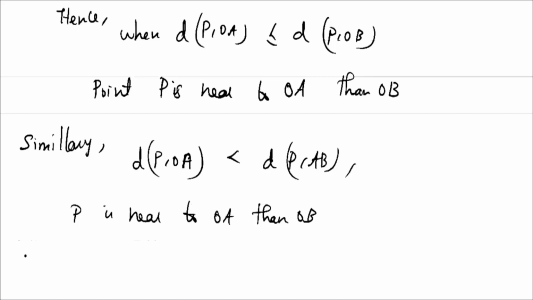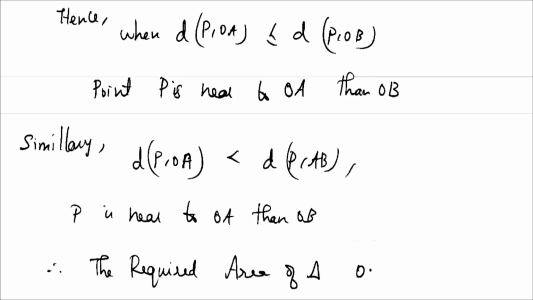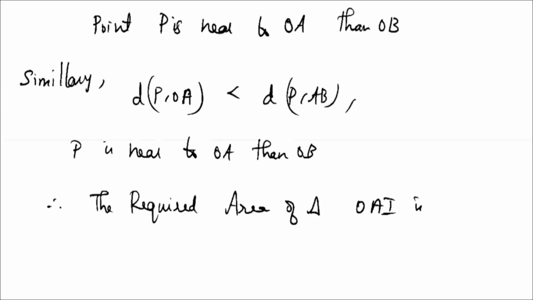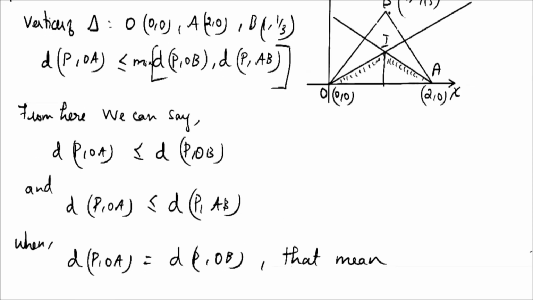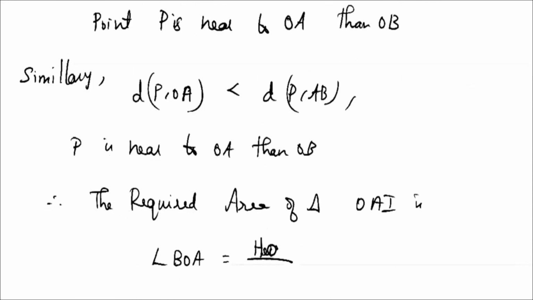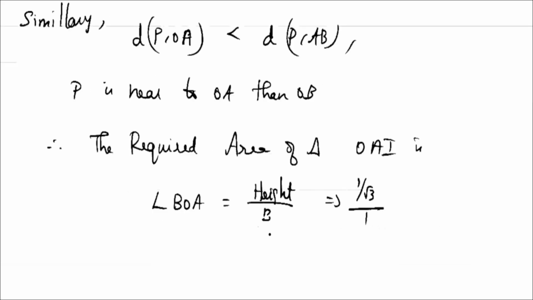So the required area is the area of the triangle. For angle BOA, tan of the angle is height divided by base, so the height is root 3 and the base is 1, giving 1 by root 3 for the angle.